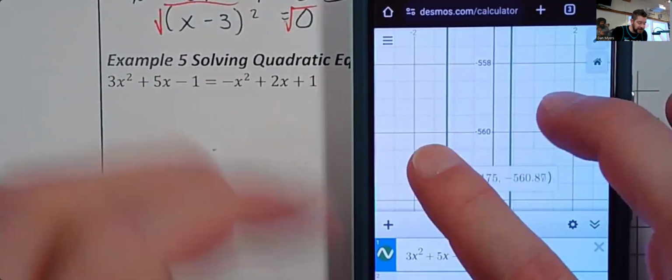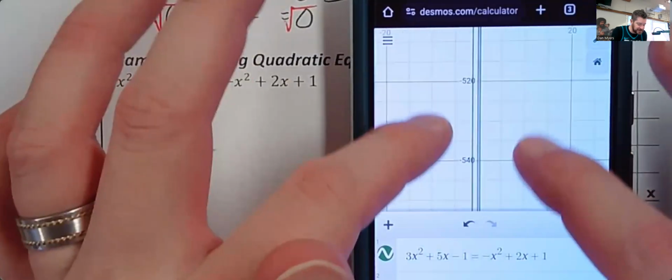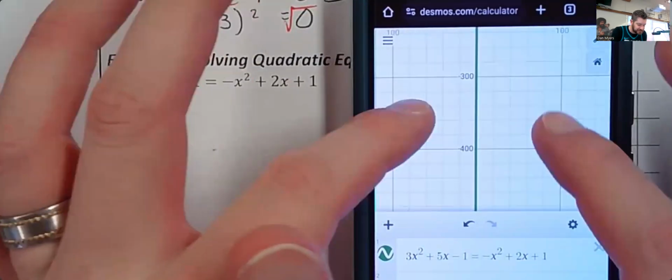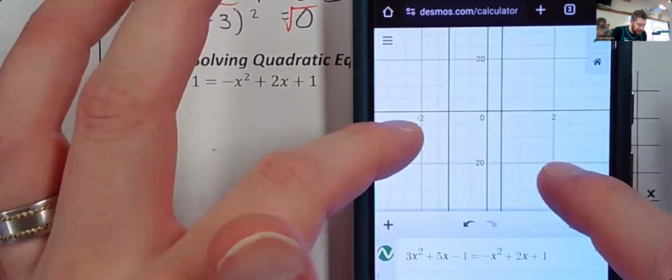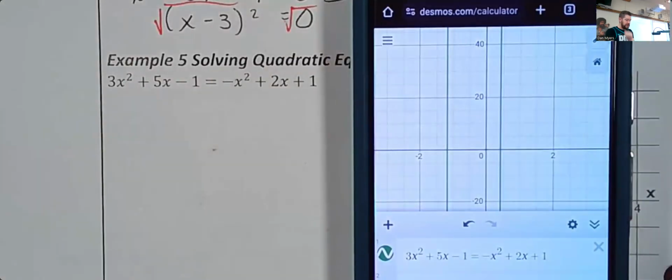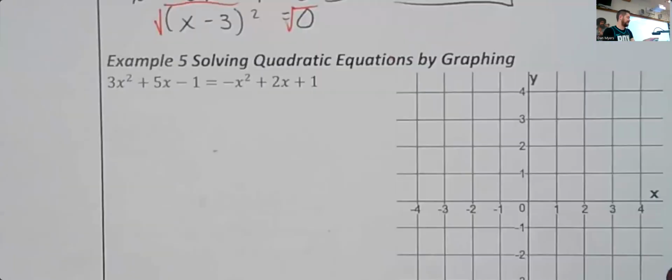Let's get back to the middle. All right, so those appear to be parallel lines, don't they? Do parallel lines intersect? No. So just in terms of the visual here, I'm thinking we'll probably end up with no real solution.